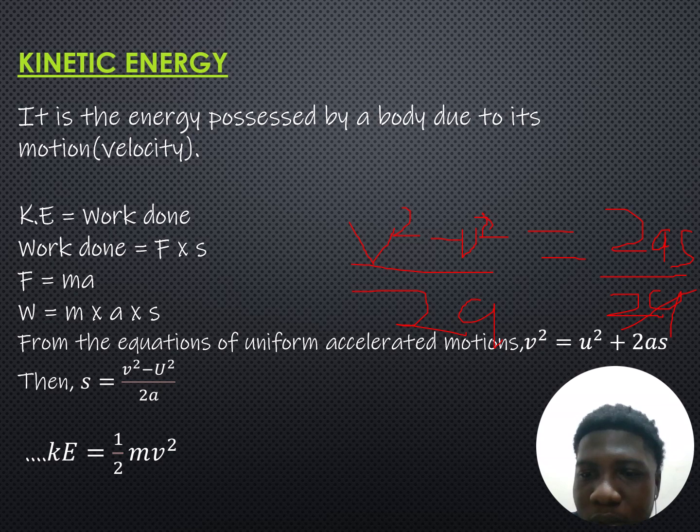The 2 will cancel the 2a, and we get s to be this. So that's how we got this formula. I hope you are with me on that. How we got this, I'm going to explain on the next slide, but I hope you understand how I did this. All right, so let's move on to the next one.